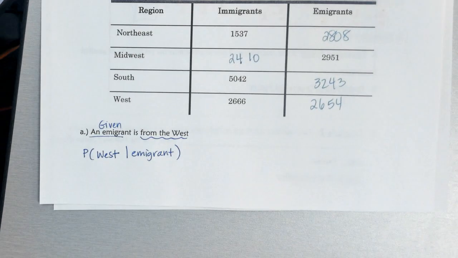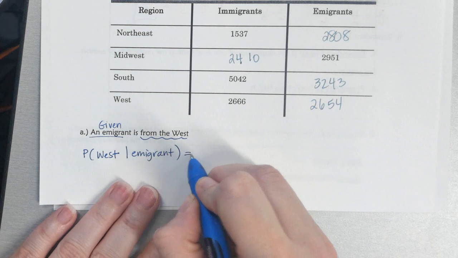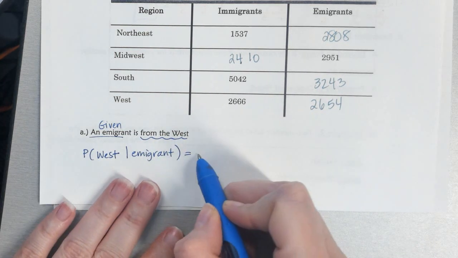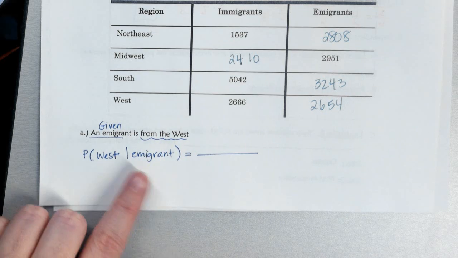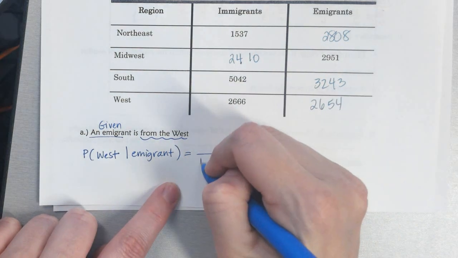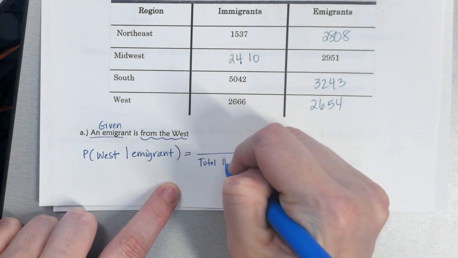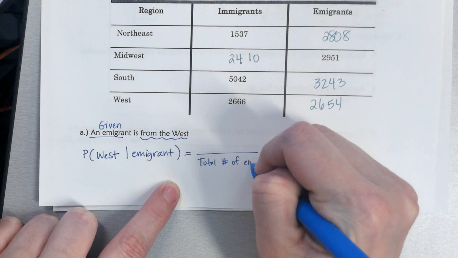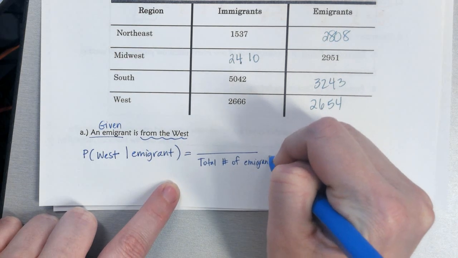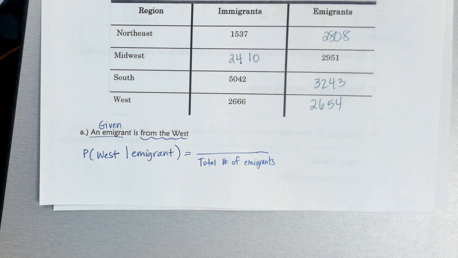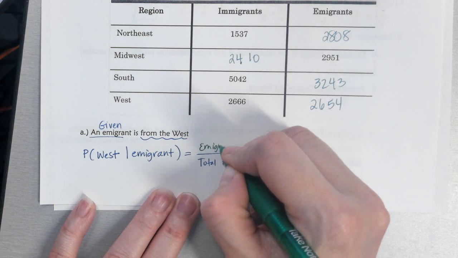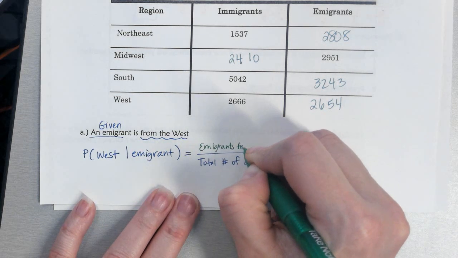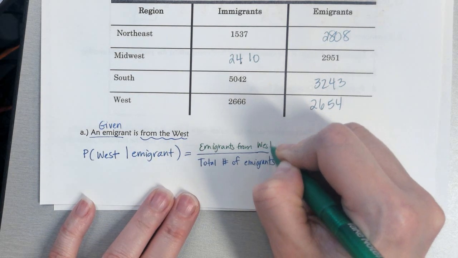The language with these is what's going to be important, because that's going to help you determine what the total is on the bottom. So for this, if it's given that they're an immigrant, this is going to be the total number of immigrants on the bottom, whereas on the top, we're going to be looking for immigrants from the West specifically.